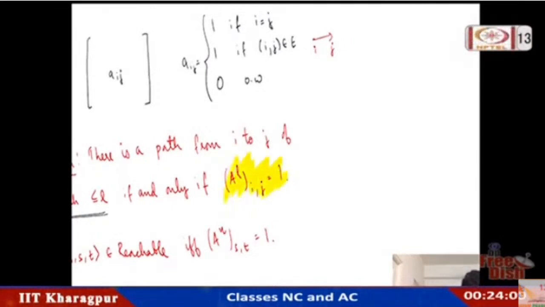This can easily be proved using induction. I will just give you a high level idea. By definition, the claim is true for L equal to 1. A is A to the power 1, and the way we have chosen the entries for A, it satisfies this requirement.